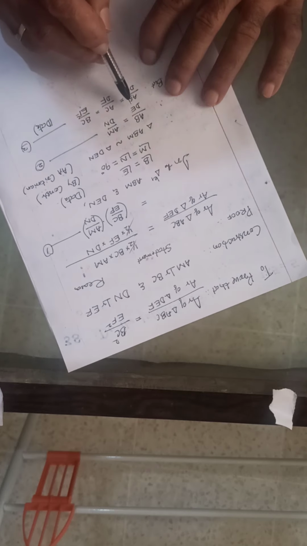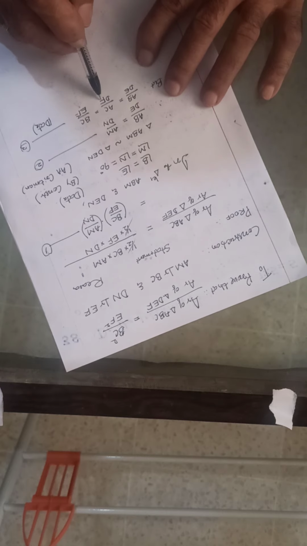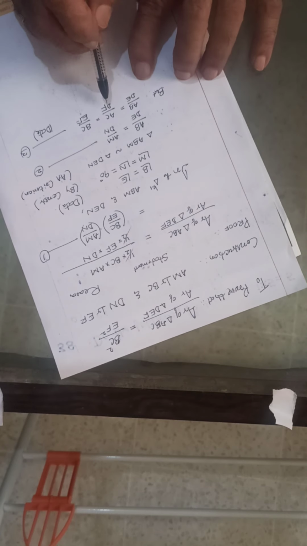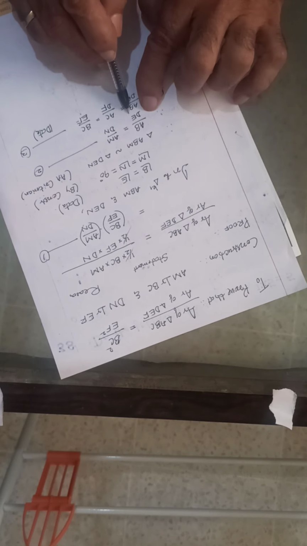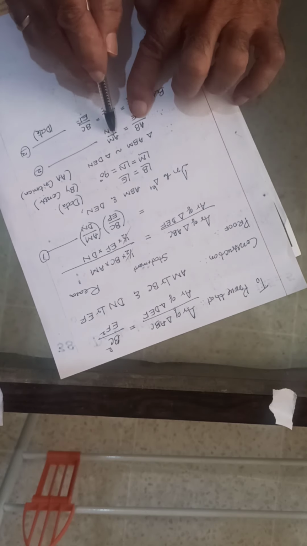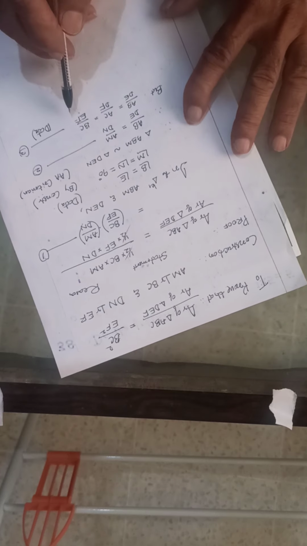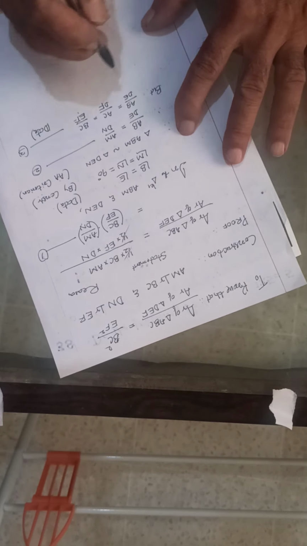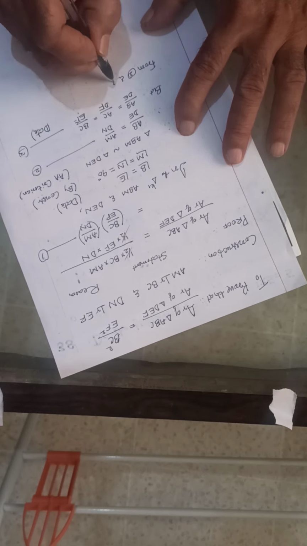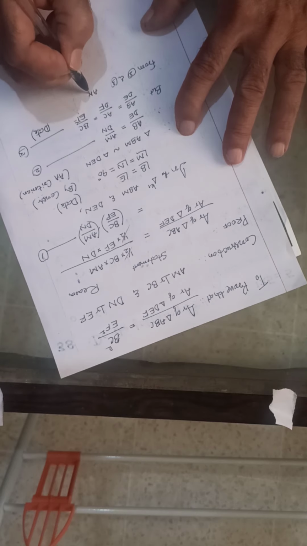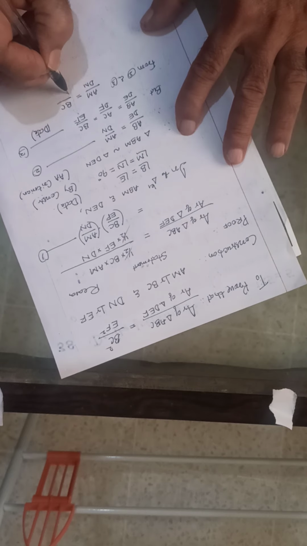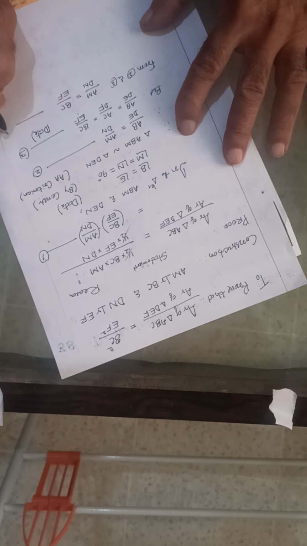Now look here: AB by DE is here, and these two are equal according to the axiom. Therefore, from 2 and 3, AM over DN is equal to BC over EF. Call this equation 4.